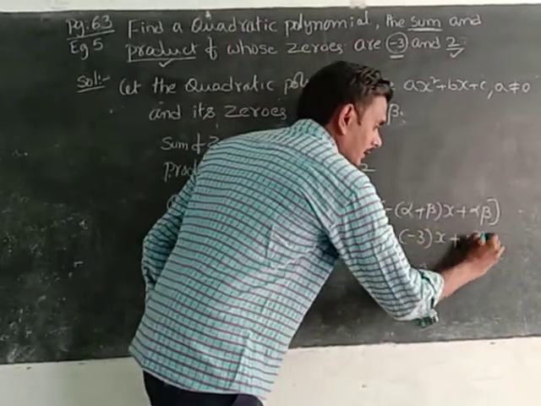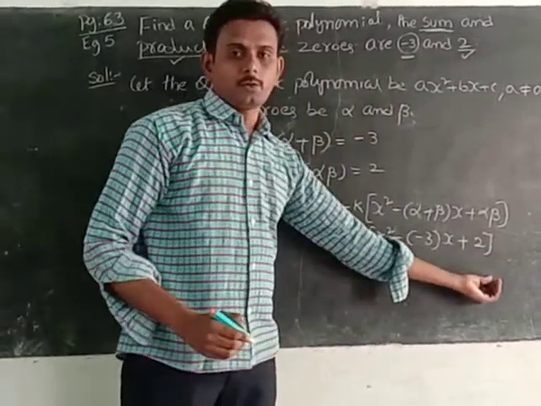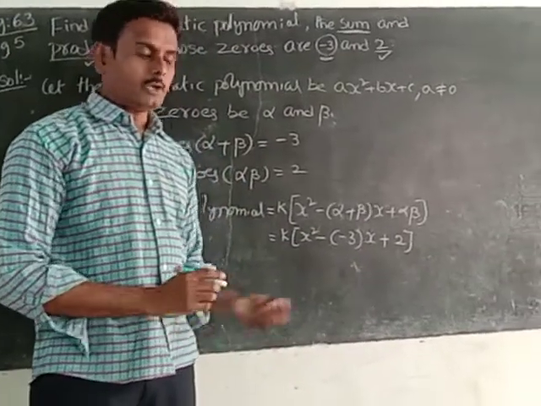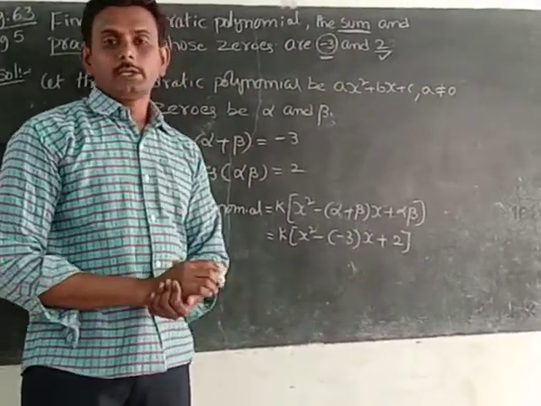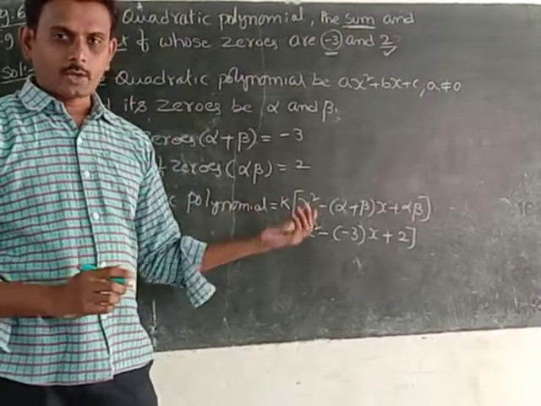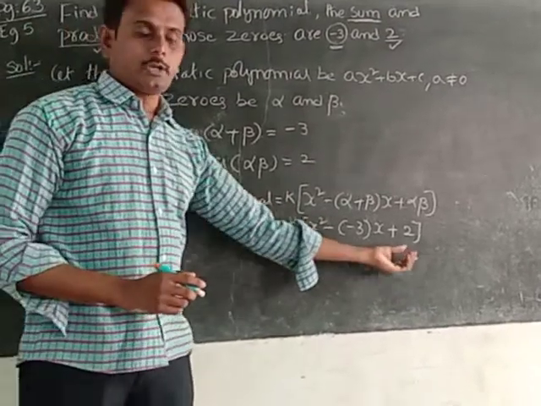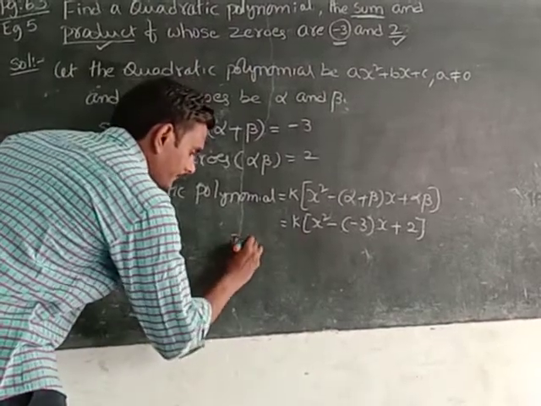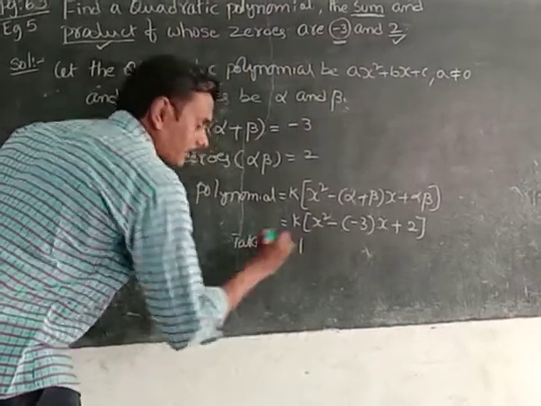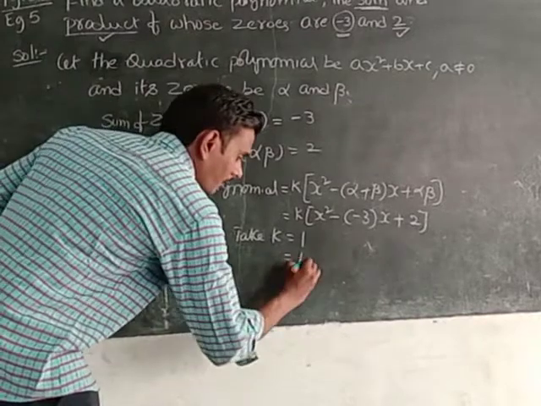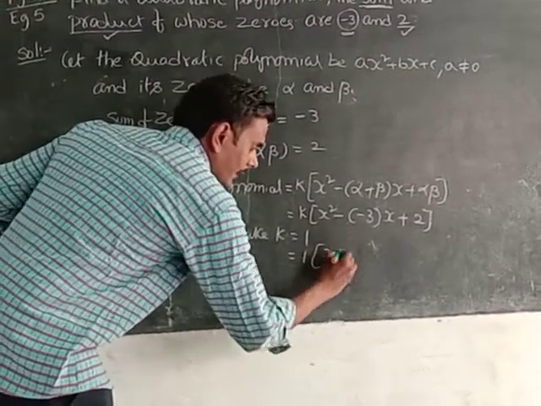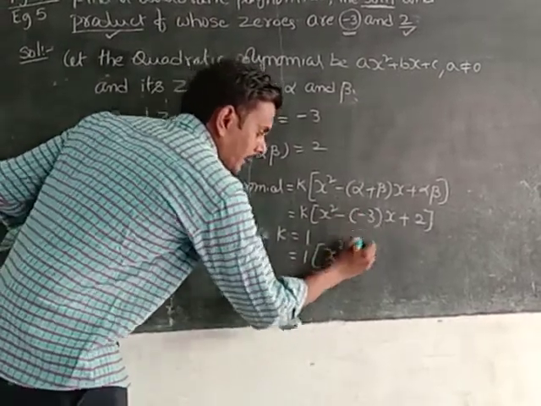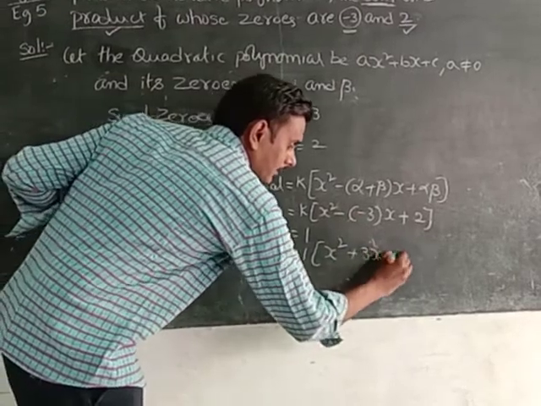Now, is any denominator possible here? No, nothing is there. When there is no denominator, take the denominator as 1, that is, take the k value as 1. So 1 multiplied by x square minus into minus gives plus 3x plus 2.